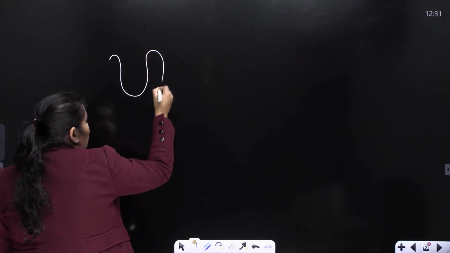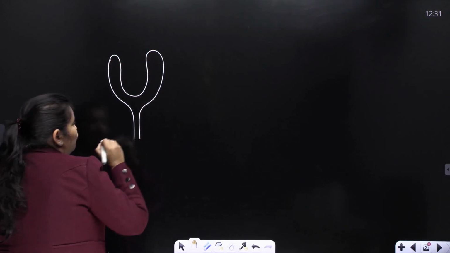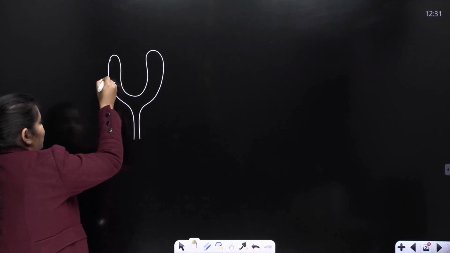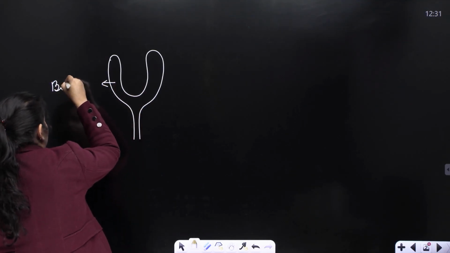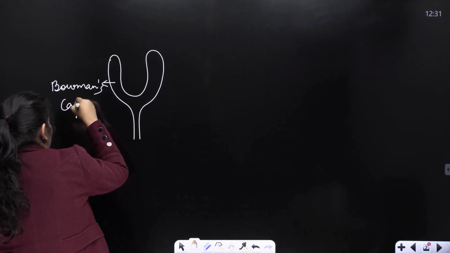Nephron is closed at one end. It is a tubular structure which forms a cup-shaped structure at one end. That means this is the closed part. This is the Bowman's capsule.